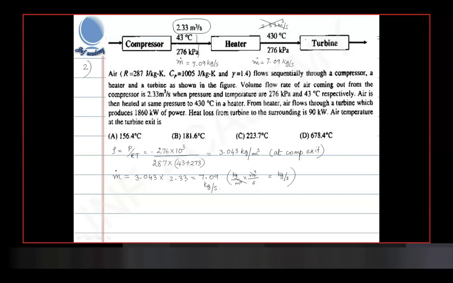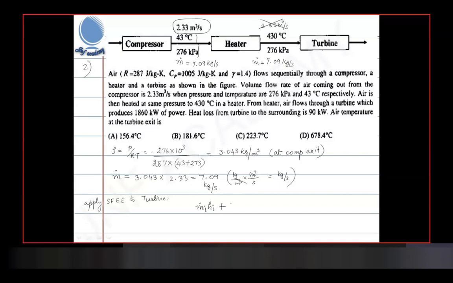Now you apply the steady flow energy equation to only the turbine. In that case, you get m dot i hi, and I'm going to neglect the kinetic and potential energy terms, because assuming that it's horizontal and the velocities are not given, you can assume that they are the same before and after the turbine.